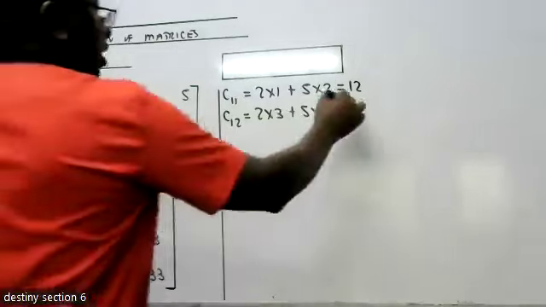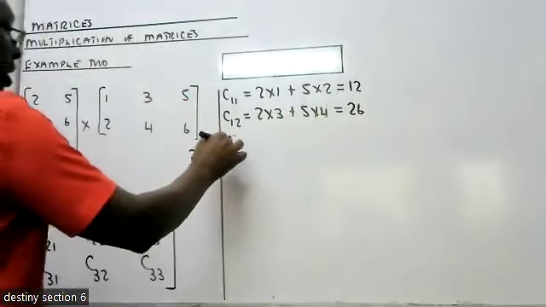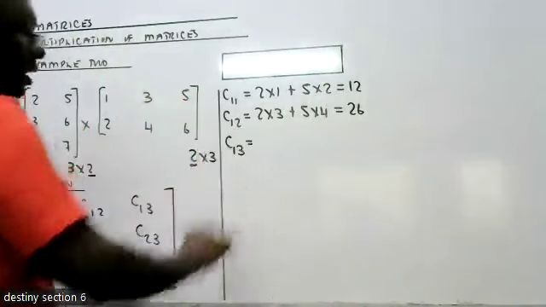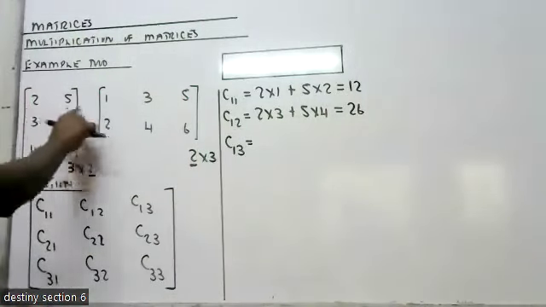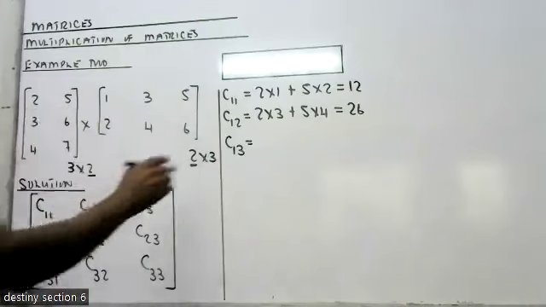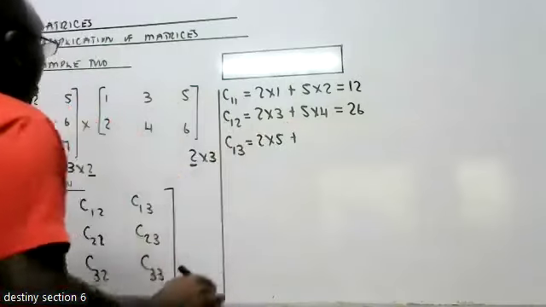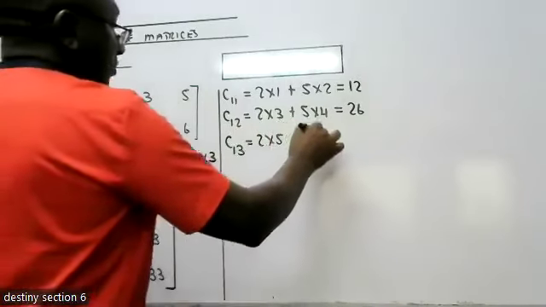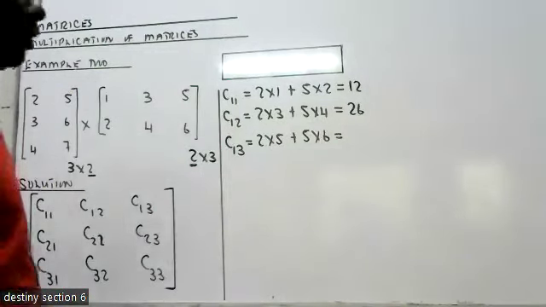That is 26. We come here to C13. Now C13, we take the values in row 1, column 3. So that will be 2 times 5 plus 5 times 6. That is 40.